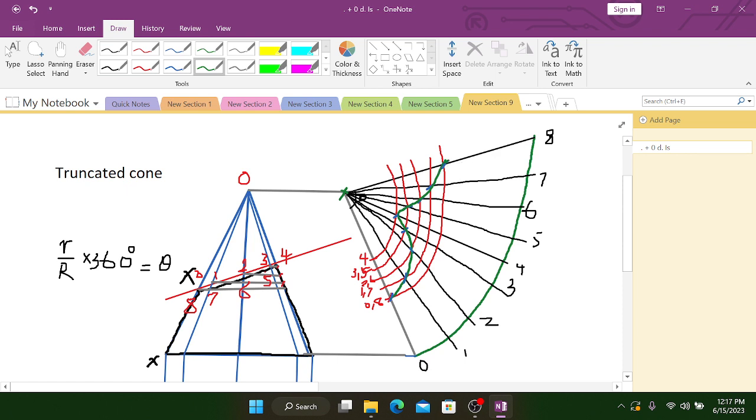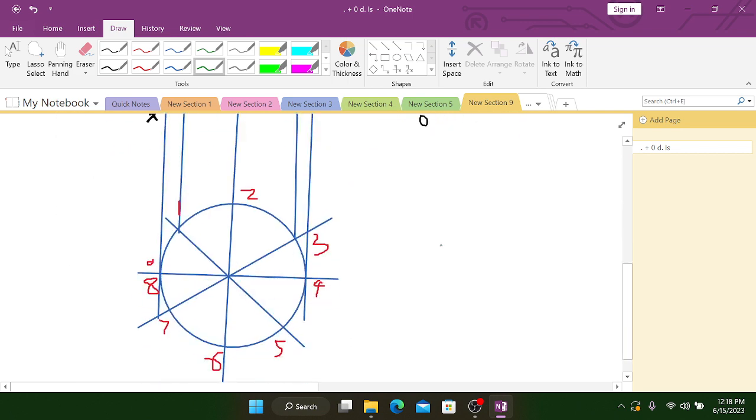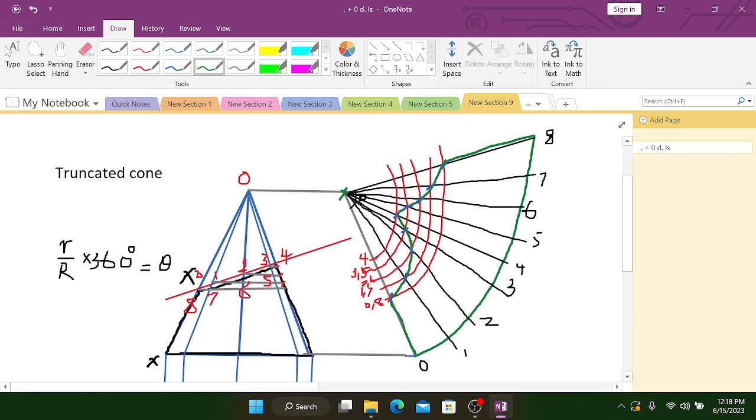Then here also I want to darken these areas. This is only my object. This green line shows the real object. That means the real development view of your object when you cut along this plane. When you get it after cutting along this plane, this is our real object.